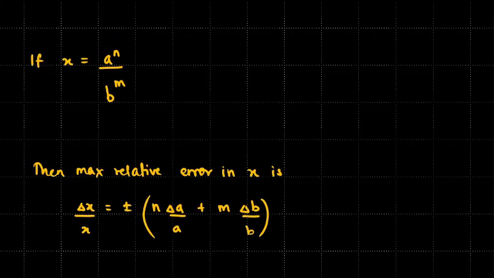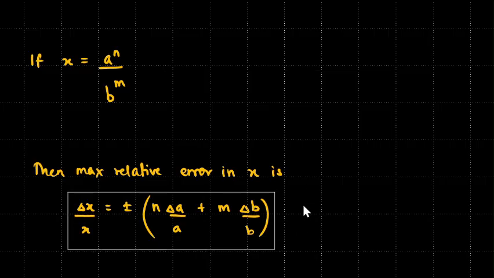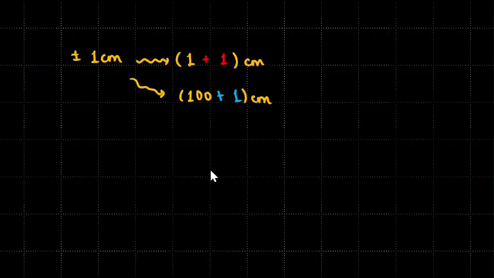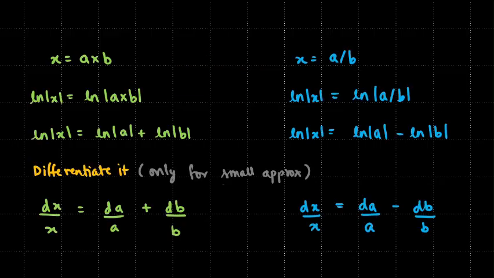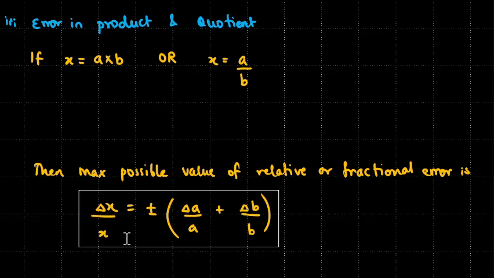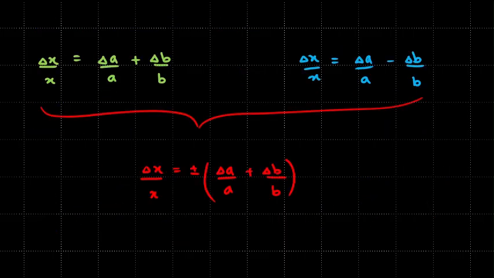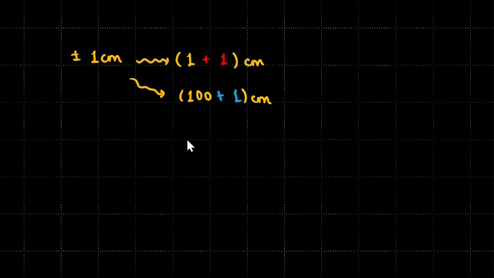So now, before coming to this, let's clarify one more thing that we talked about right over here. When we were talking about multiplication and division, we only said that you take ratios, because 1 plus 1 and 100 plus 1 matter when we're talking about multiplication and division. So let's clarify that a bit more.